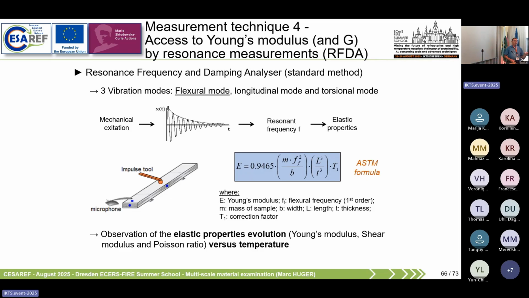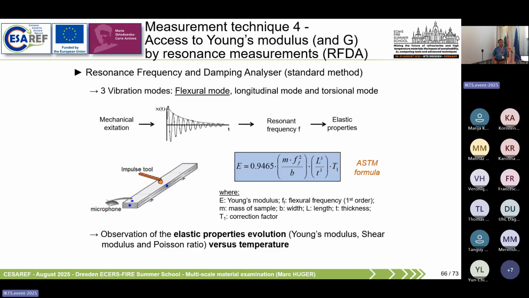It has some similarity with ultrasound, but in fact, when you hit with the hammer, the amplitude of strain that you engage in your measurement is not at the same level as with ultrasound. You have to take great care about the energy applied with your hammer, especially with macro-cracked material, because if you hit the system, you can generate additional cracks inside, and then you measure things which are different from ultrasound, because you engage damage in your measurement.